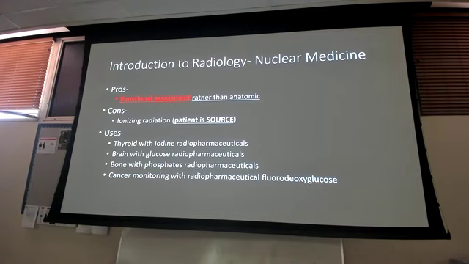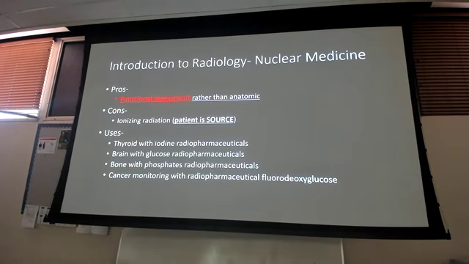What's the con? It's ionizing radiation, and the patient is the source. Which means when they leave the scan, they are still emitting radiation, right? These things have pretty good half-lives, and they'll be done within a day or two of emitting the radiation. But important in your patient history, you see somebody for a nuclear medicine exam, what if they're living with somebody who's immunocompromised? What if they're living with their daughter who has a 2-day-old newborn, right?